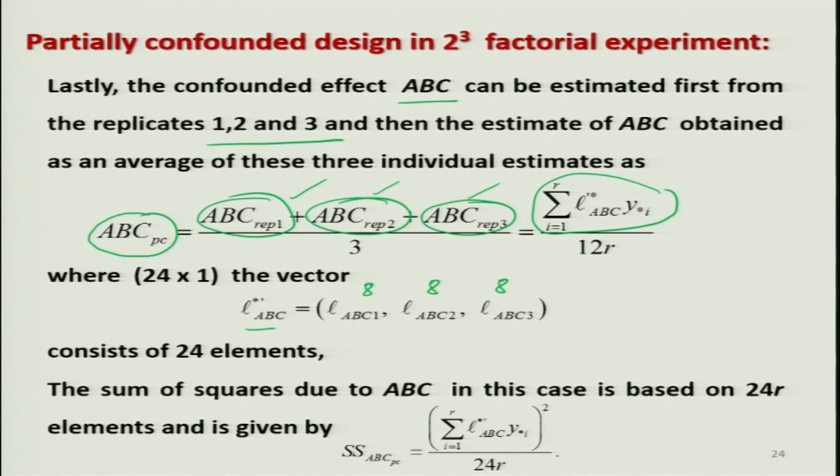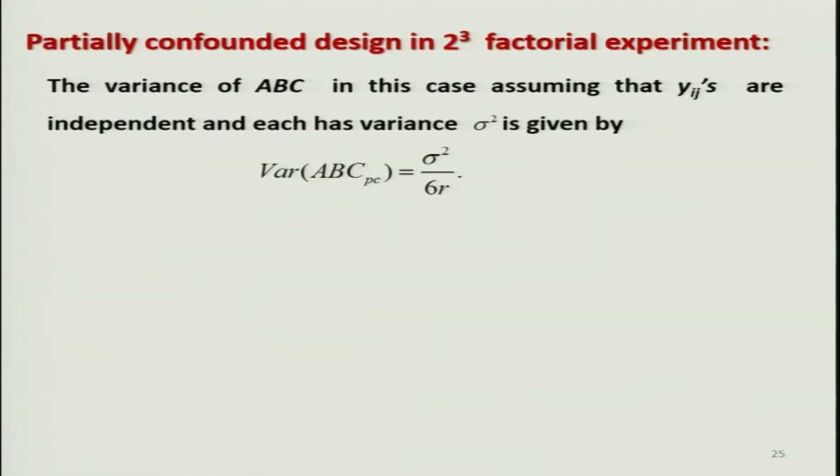Now, if you want to find the sum of squares due to ABC in this case, which is based on 24 elements, we can find it like this: the summation i goes from 1 to r of L star transpose ABC y star i, whole square, divided by the total number of observations, which is 24r. So you have obtained the effect ABC and its sum of squares, and now we find its variance. You do not need to do any algebra to find the variance.